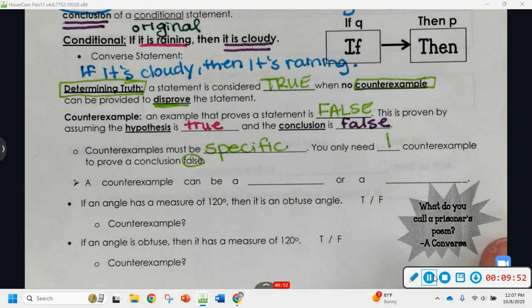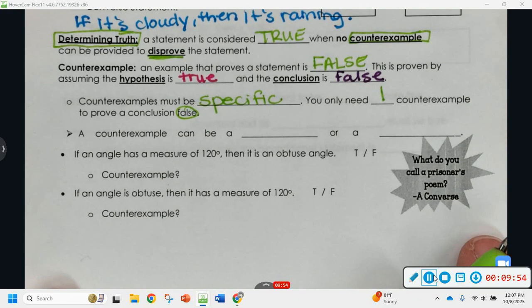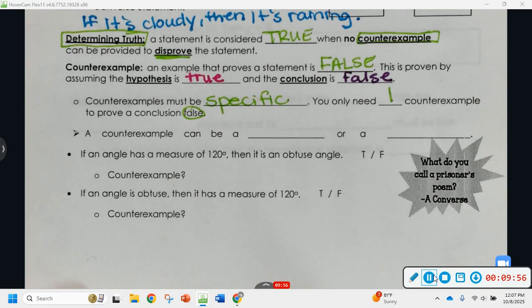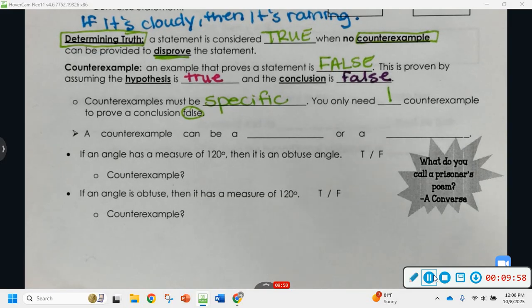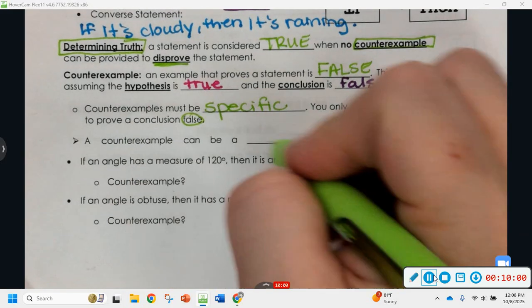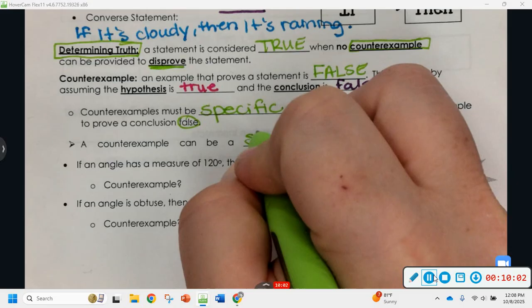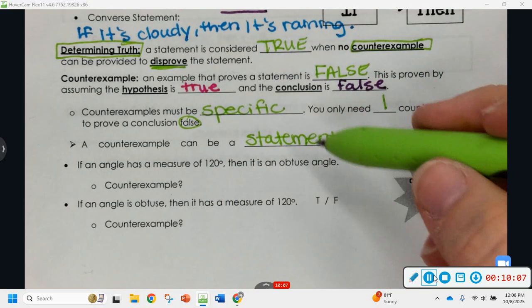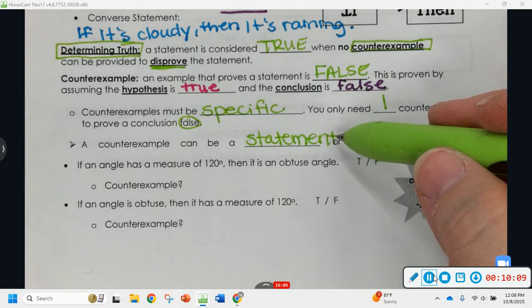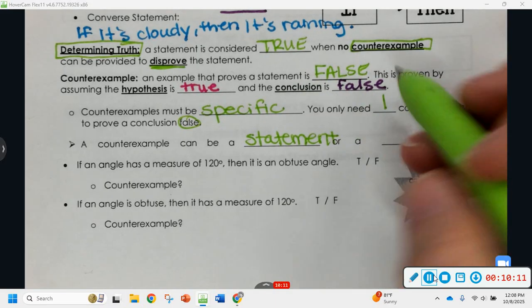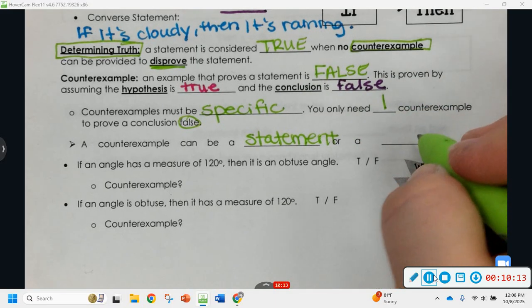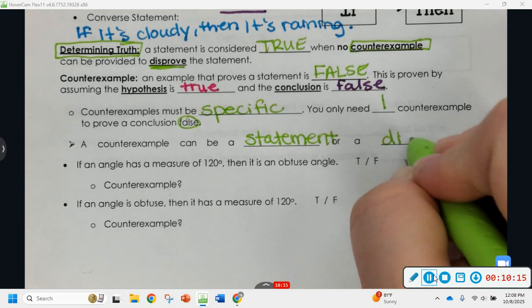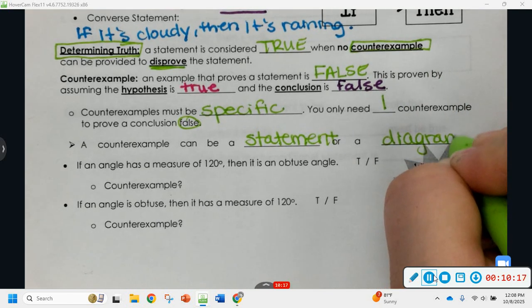You don't have to have all of the different counterexamples, you only need one. Now, counterexamples can be just basically a statement where I just said that the number 2 is a specific example, or it can be a diagram, a picture.